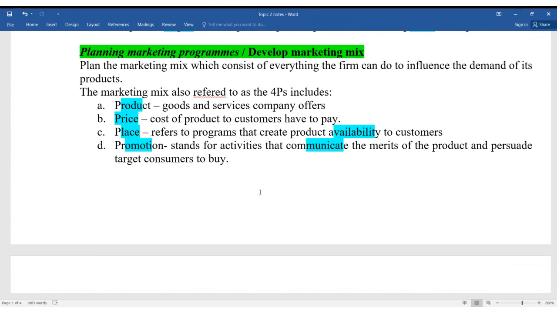So marketing programs must be based on the product. So this product which we are talking about can be goods, services, or they can be companies' offers.